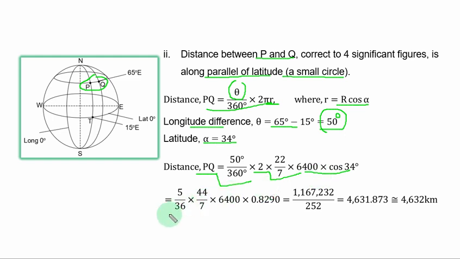If you simplify, you have this, and you check cos 34 degrees, you have this result. If you simplify further by multiplying, you have this, and when you divide, you have 4631.873. To 4 significant figures, you have 4,632 kilometers as the distance between P and Q.